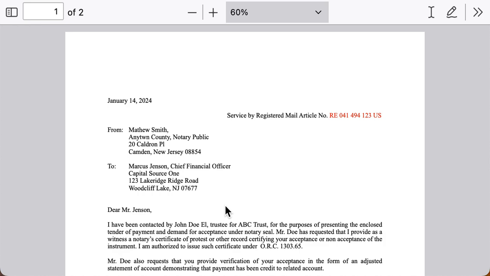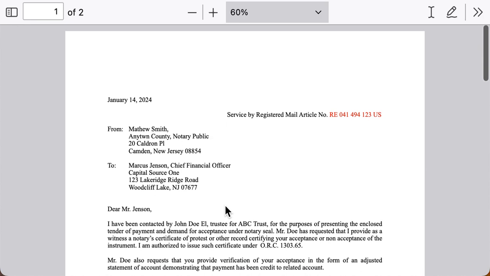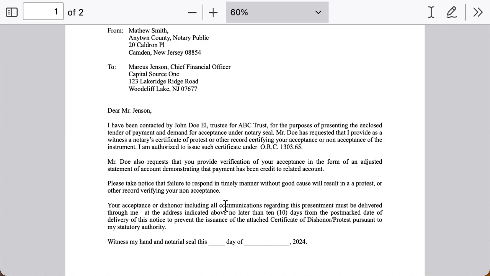Also, this is what I wanted to mention before we read through this. We just looked up the Uniform Commercial Code 3-505, but when you do a notary protest, you must look up the equivalent to UCC 3-505 in the commercial code of your state. For example, what we're looking at here is Ohio. There's Georgia, there's New Jersey, and not all states are exactly the same.